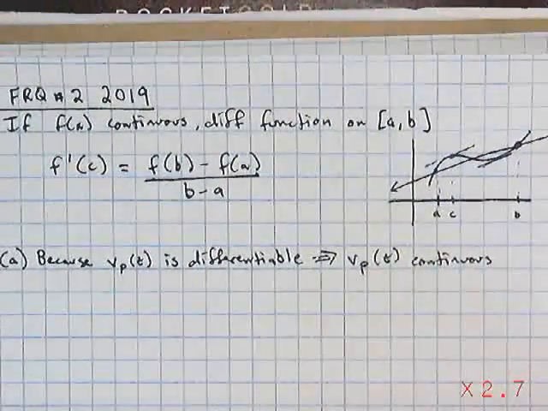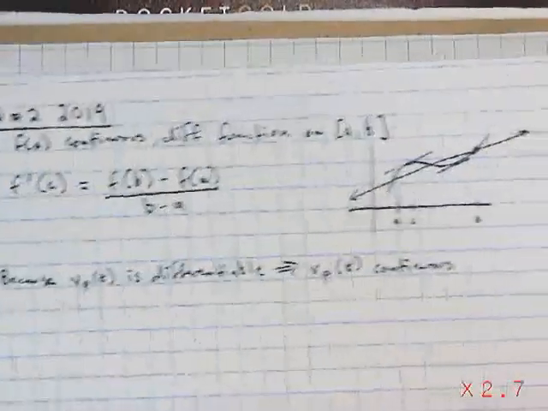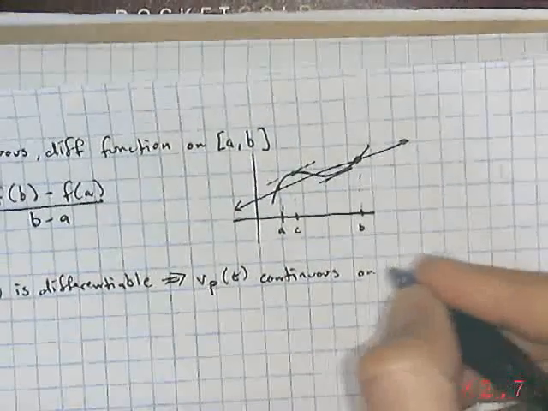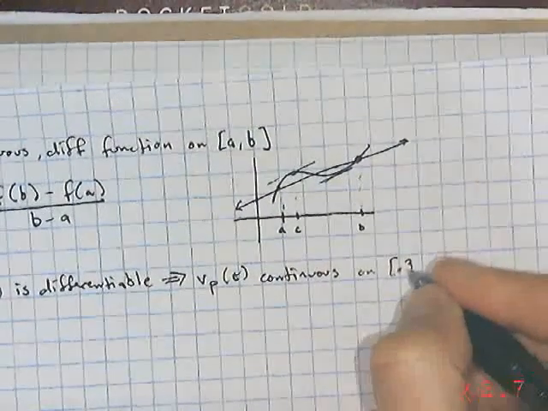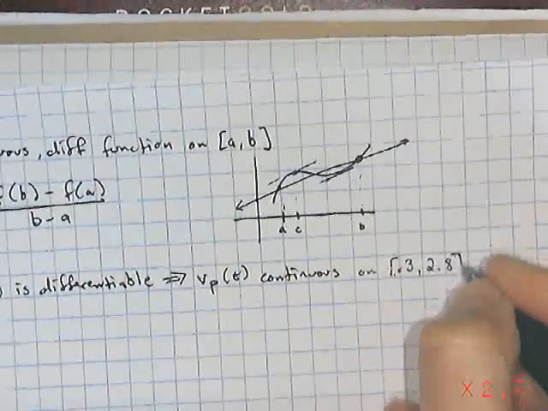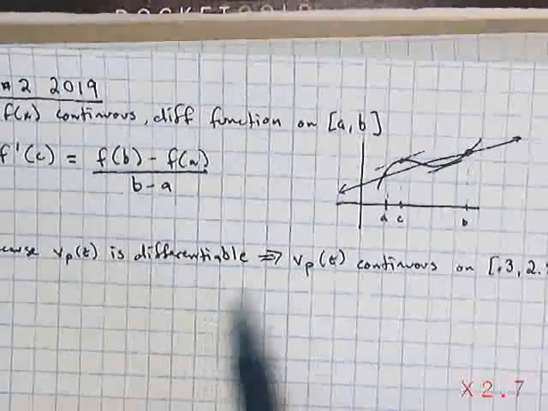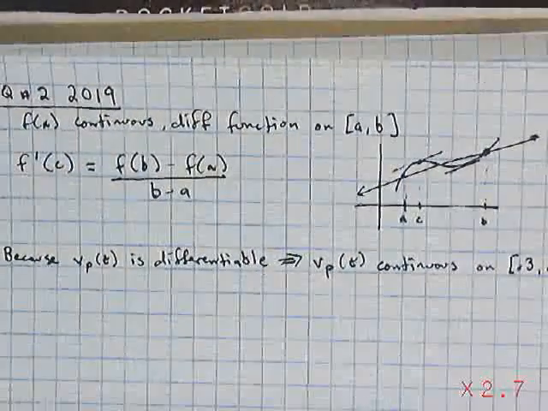So because it's differentiable, it is also continuous on 0.3 to 2.8. And these are the two conditions we need in order to use the mean value theorem.